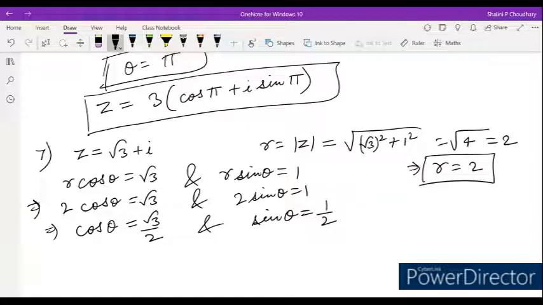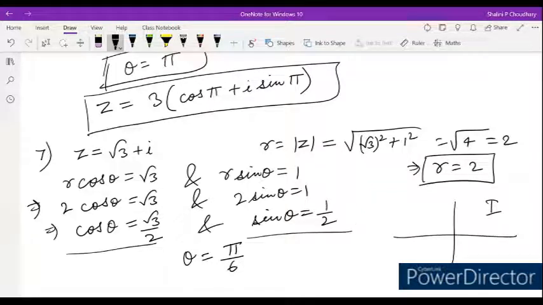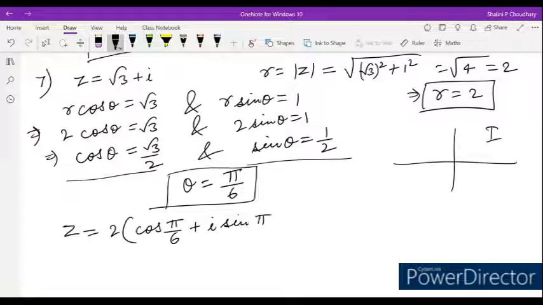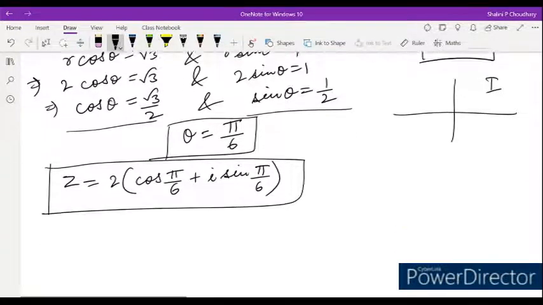So theta will be equal to pi upon 6, and cos and sin both are positive in the first quadrant. Okay, so theta will be equal to pi upon 6. So now we can write it in polar form. z will be equal to r, that is 2, cos pi upon 6 plus i sin pi upon 6. Okay, so this way we can write it in polar form.